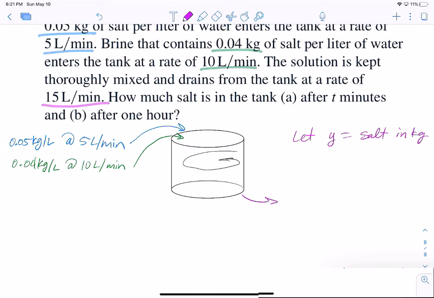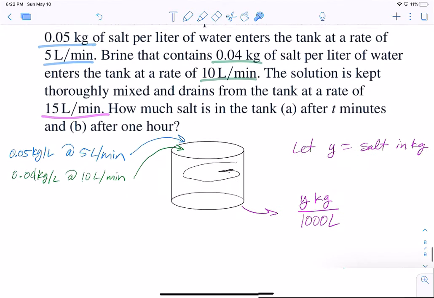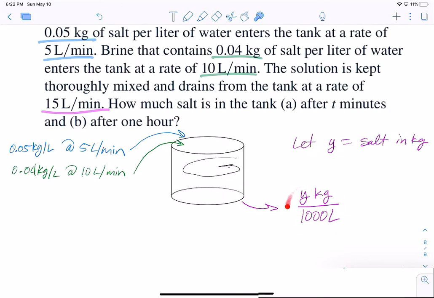When the brine leaves the tank, again, we don't know how many kilograms of salt that is, but whatever it is, it's per 1,000 liters, because the whole tank holds 1,000 liters, so that concentration is y over 1,000. And it's leaving the tank at a rate of 15 liters per minute.